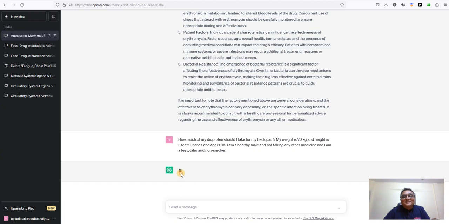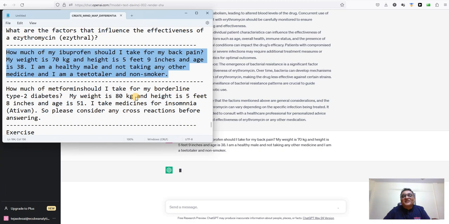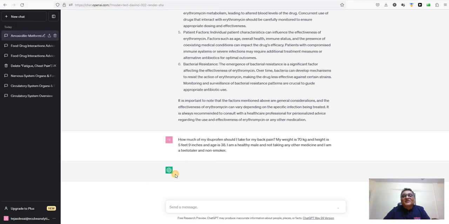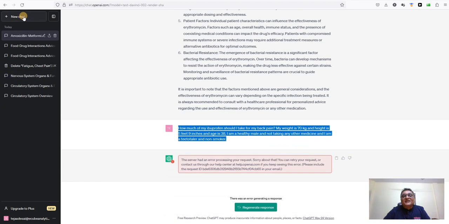Yes, this time it again says I am not a doctor, but typically the recommended adult dosage of Brufen for mild to moderate pain is 200 milligram every 4 to 6 hours, and the maximum dosage is 1200 milligram, or up to 3200 milligram, but that is only under medical supervision.